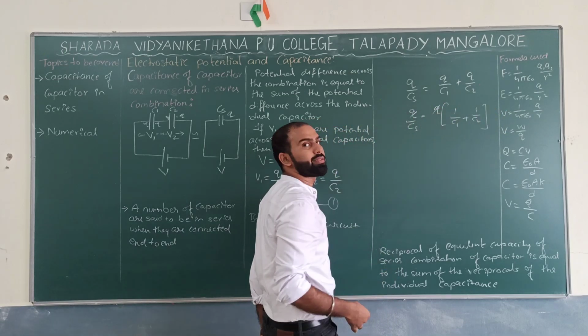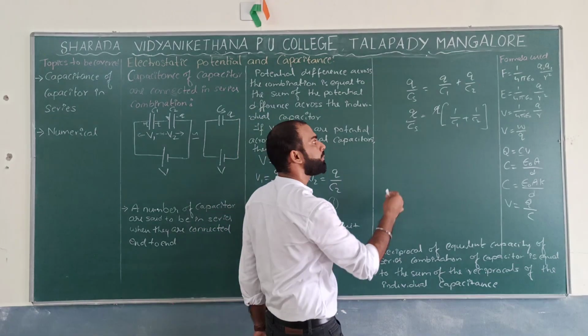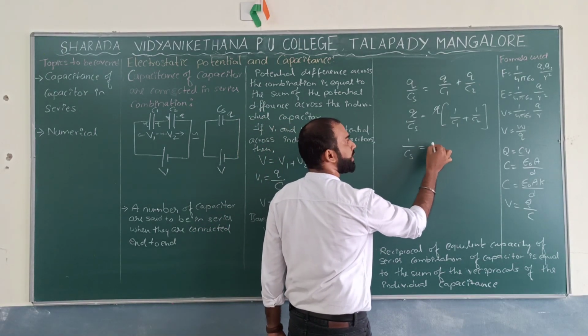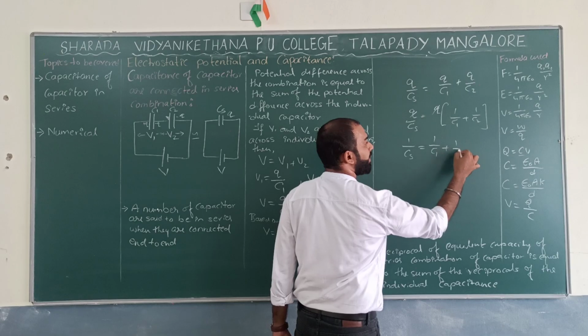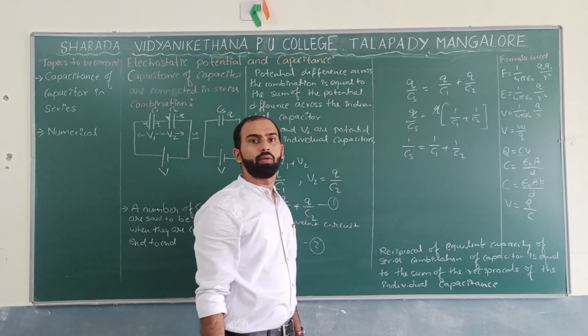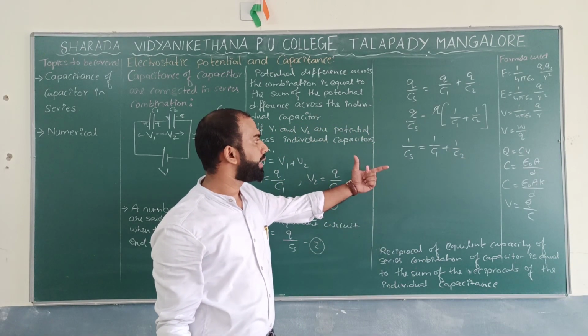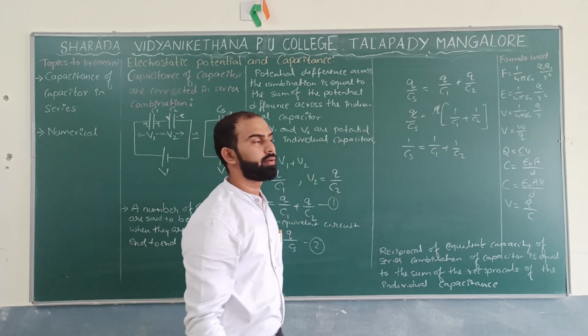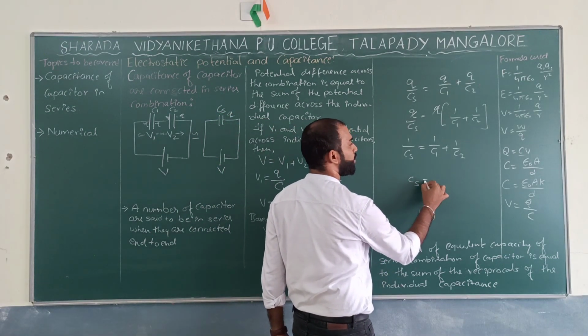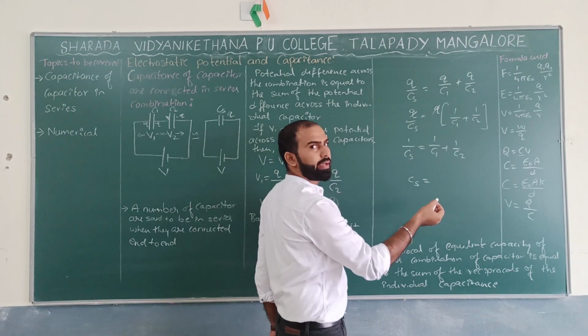Q will get cancelled. What is remaining? That is 1 by CS, which is equal to 1 by C1 plus 1 by C2. Are you getting it? So how can I write the CS value over here?